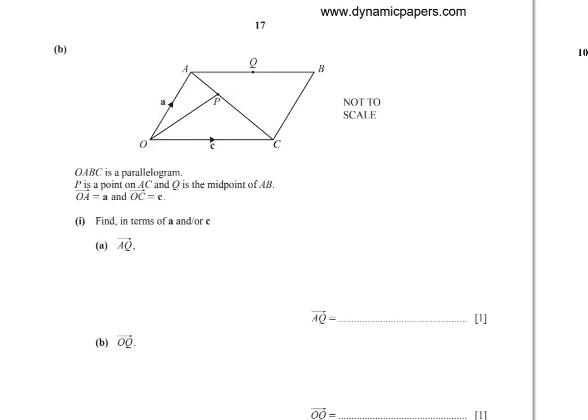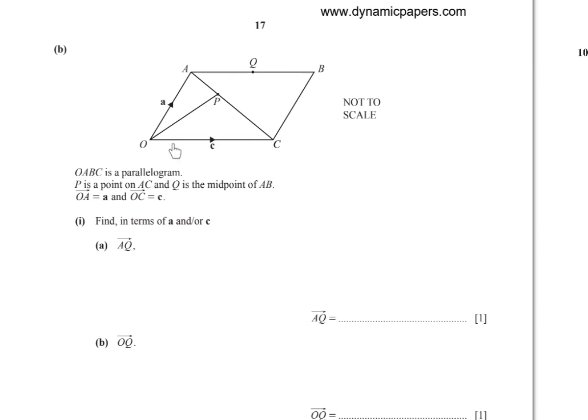Now B. OABC is a parallelogram. B is a point on AC, and Q is the midpoint of AB. Find, in terms of A and C, AQ.